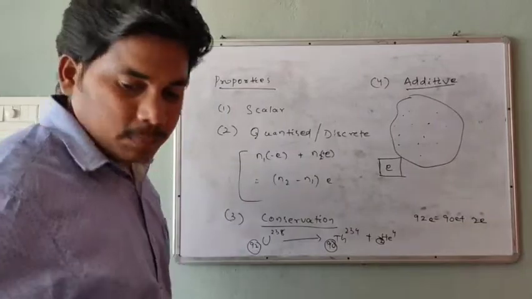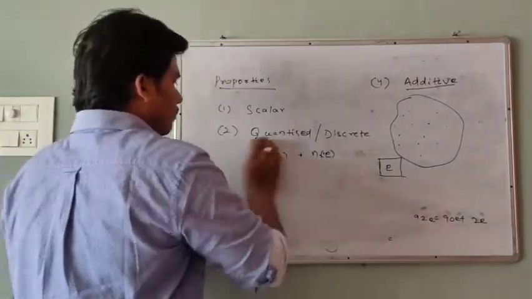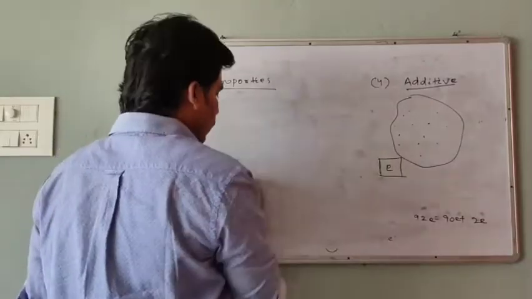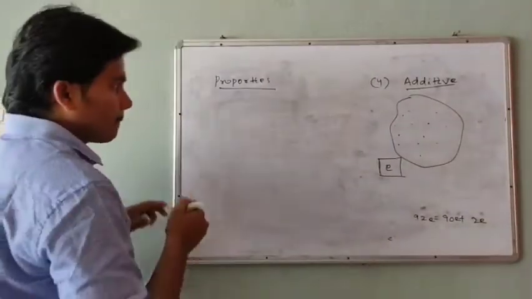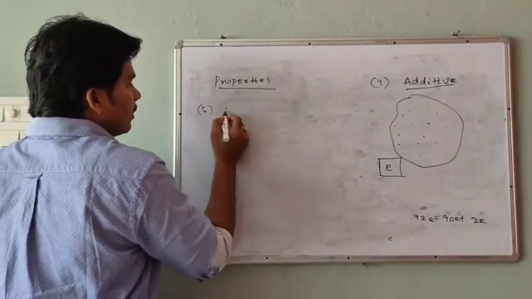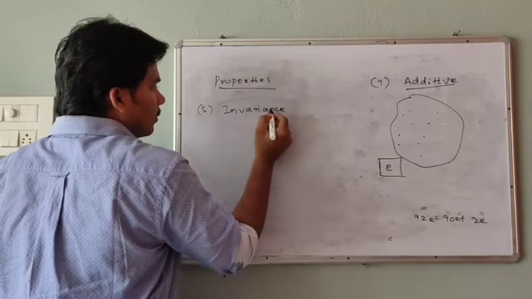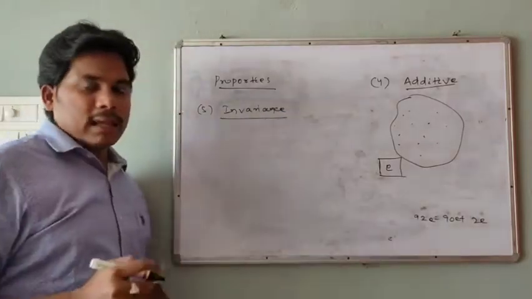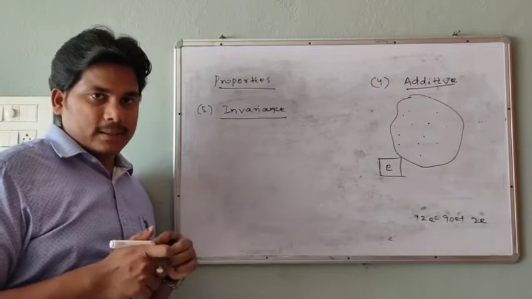And the last point is the invariance of charge. Fifth is the invariance of charge. That means, if you change the frame of reference, you already know what a frame of reference is.